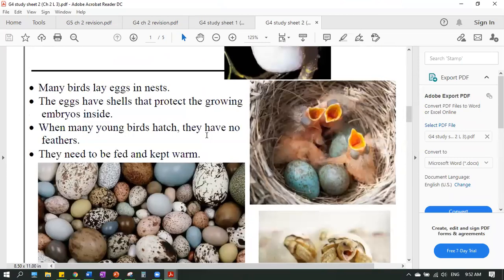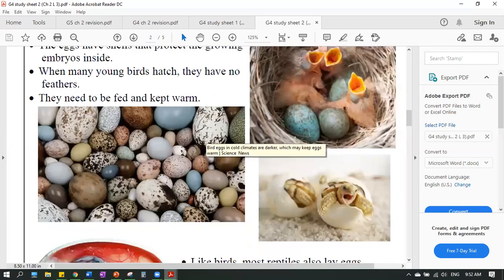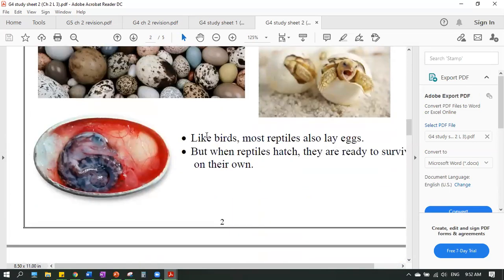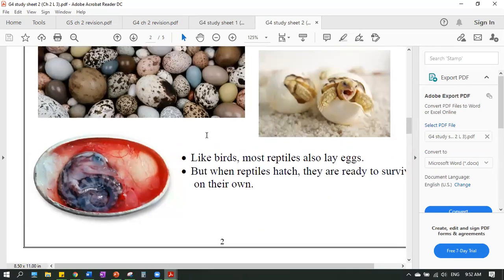If their mother left them or died or got lost or captured, they will die because they depend totally on her to stay warm and to have food. Some reptiles depend on their parents, but most of them know their way, like turtles and crocodiles. They just know how to survive in the environment but not 100% without their parents.